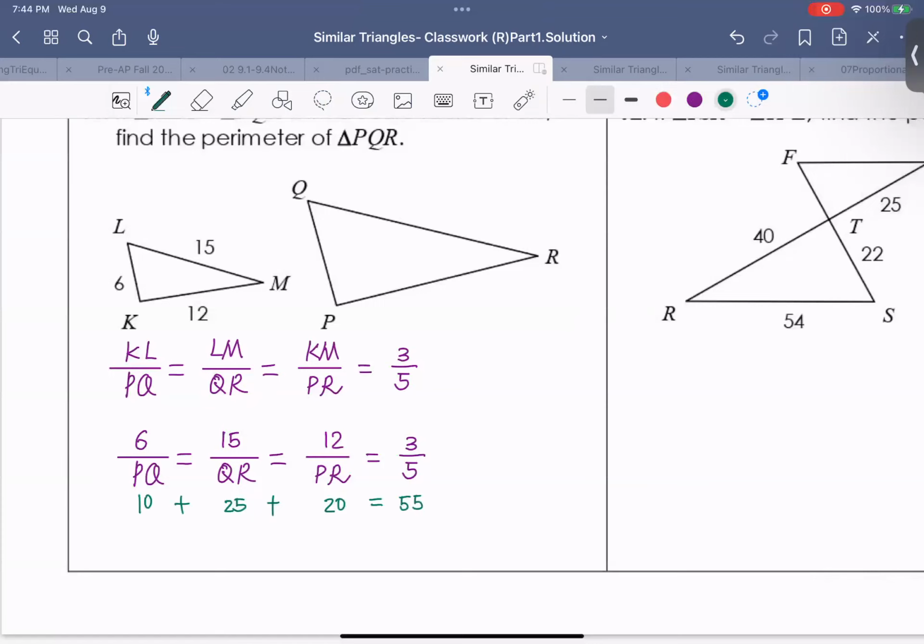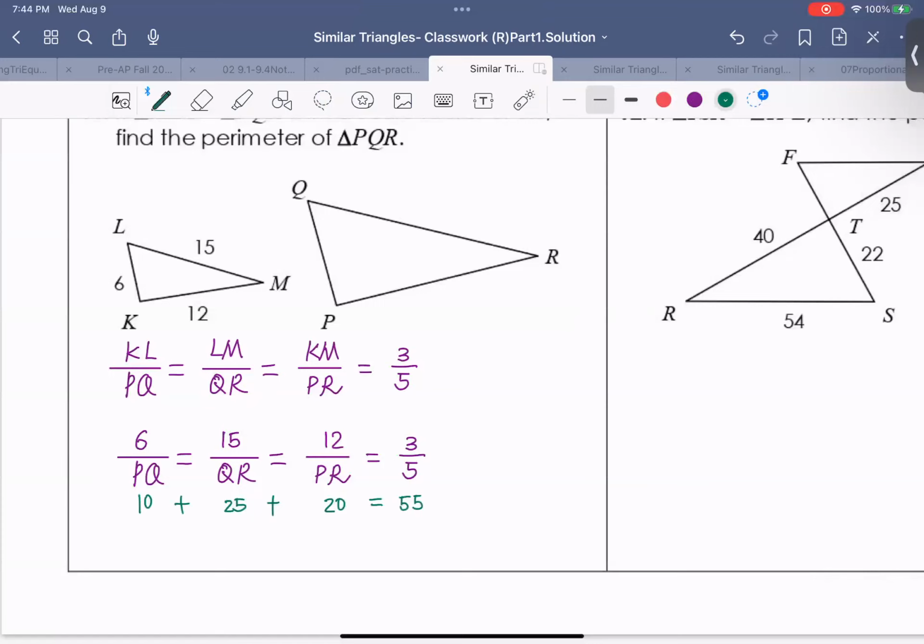At the same time, you can also say this, because if two triangles are similar, the corresponding side ratios are equal, and the perimeter ratio is also equal.